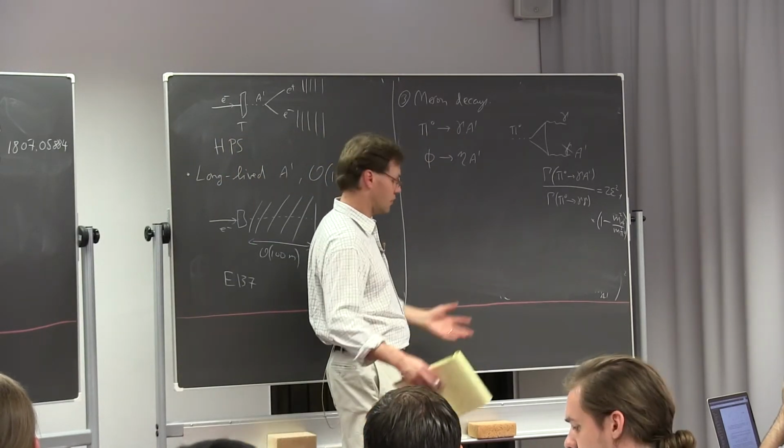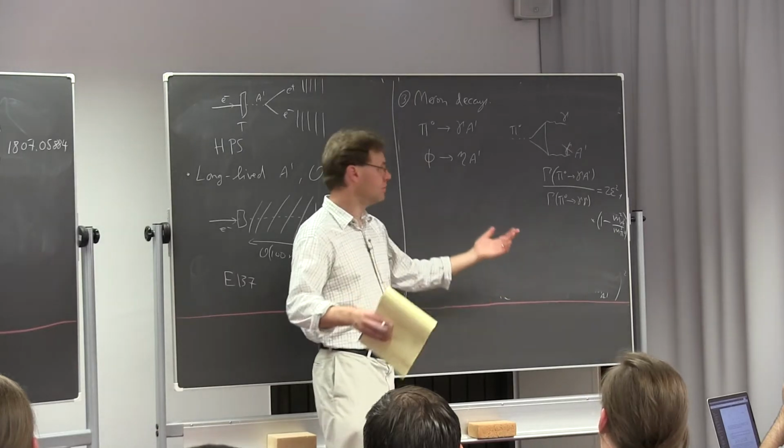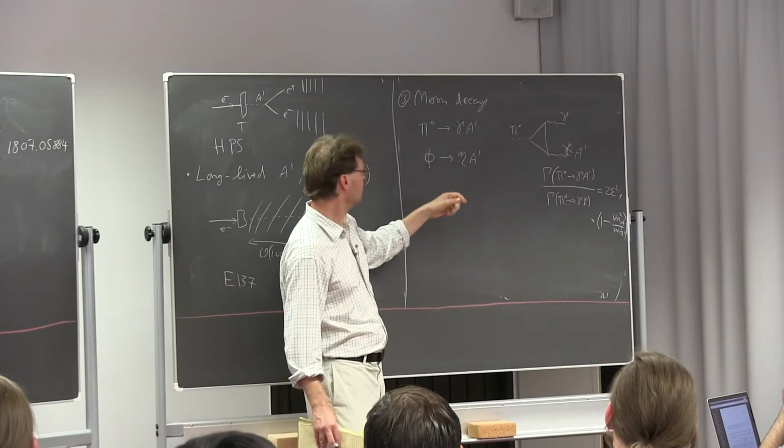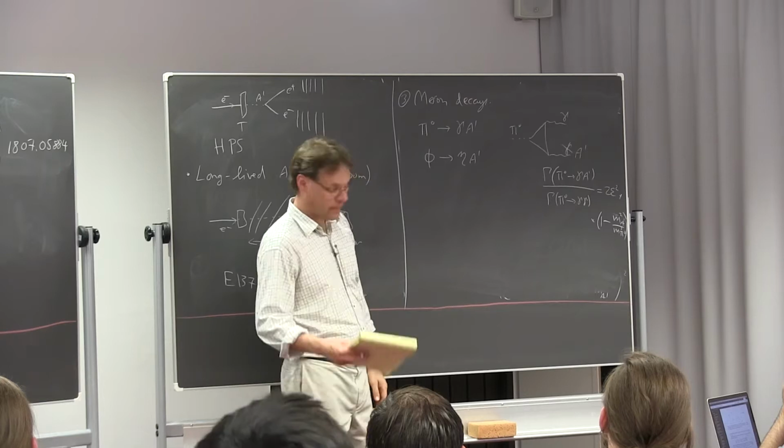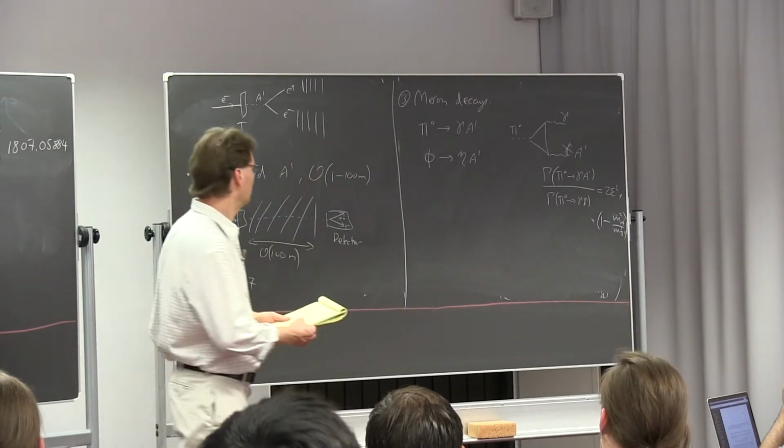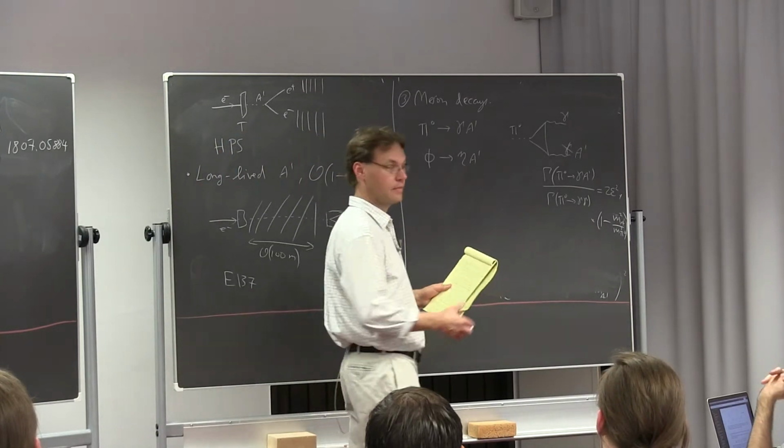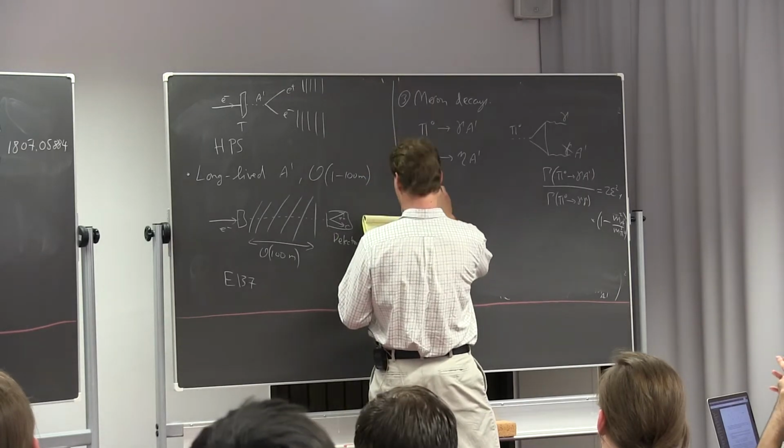Pions also get produced in e+ e- colliders, like B factories or phi factories, so you can produce these things. And another great way of producing them are proton fixed target experiments. So let me just write this.